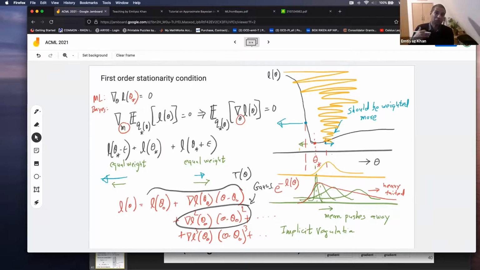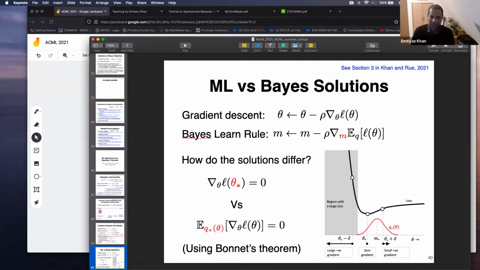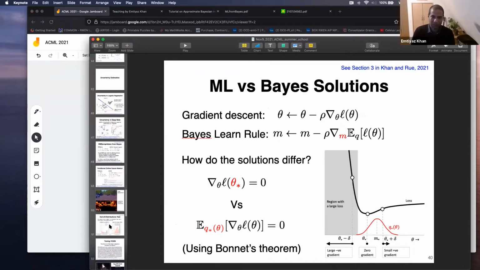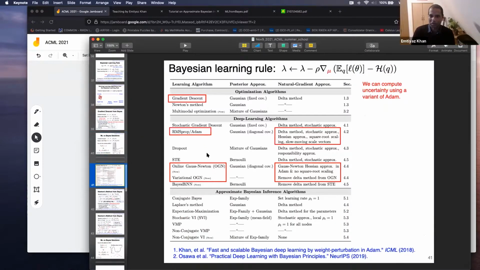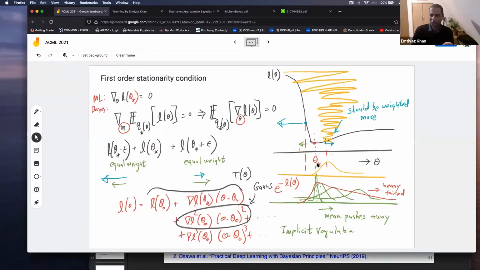But if you go to dropout, as we have in the table in the paper, dropout is actually doing a mixture of Gaussians. It slightly relaxes the condition that you are sampling from a symmetric distribution, because now you're randomly dropping the weights, the units in the neural network, which skews the distribution. It puts the mass away from the wall, and that's why it helps in regularization. That's one hypothesis.